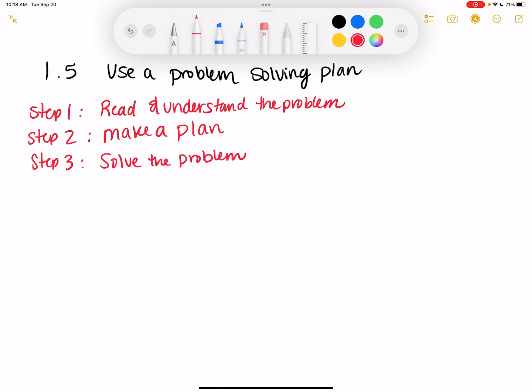And if that method doesn't work, then try something else, okay? Try a different way to solve it. And then step 4, check to make sure your answer is reasonable.